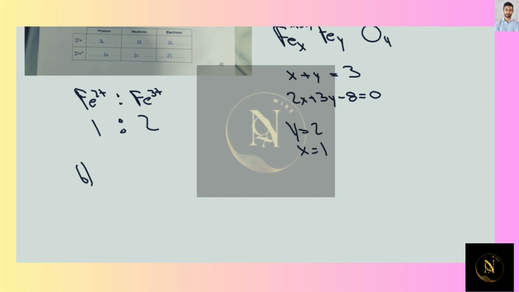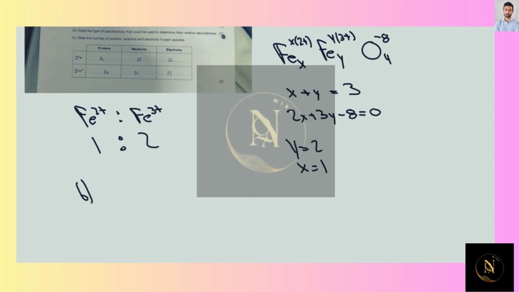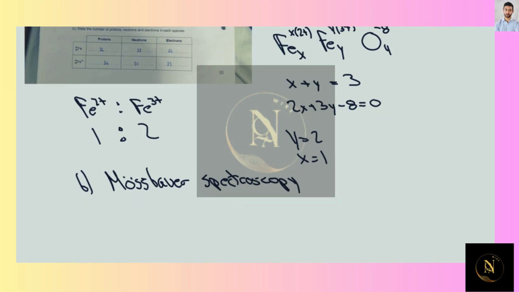Now we want to know what type of spectroscopy could be used to determine the relative abundances. In this case, we're going to use Mössbauer spectroscopy, which is super sensitive to changes in the nuclei and on their valence state. So this is going to be the best technique in order to have a quantitative analysis.